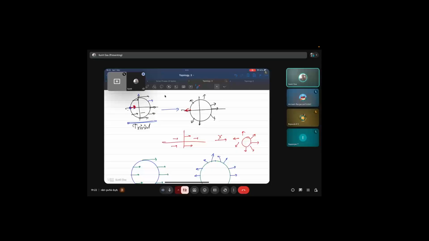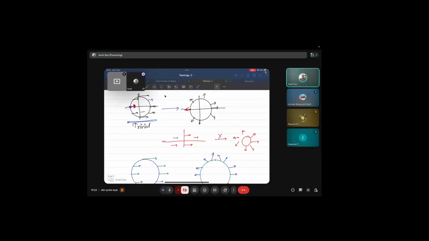Now, smoothly changing these vector arrows, you cannot go to this state. Here to here you cannot really go, and you have to remain within the plane itself. Now you can rotate these vectors, but that will change the state itself.